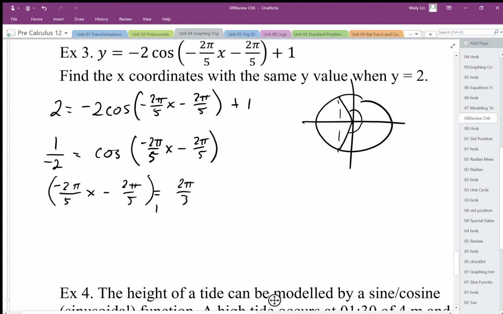In fact, I'm going to do that in a different color so that you can see how I'm differentiating these two. Okay, so this is going to be theta 2 here. So -2 pi over 5x minus 2 pi over 5, that angle is my theta 2 angle.